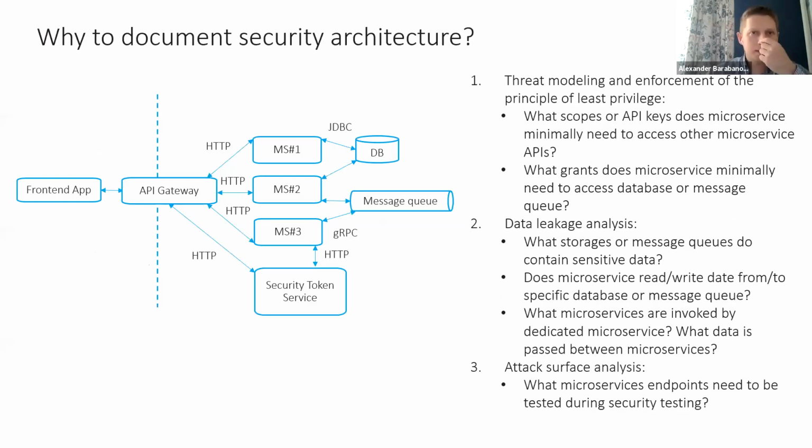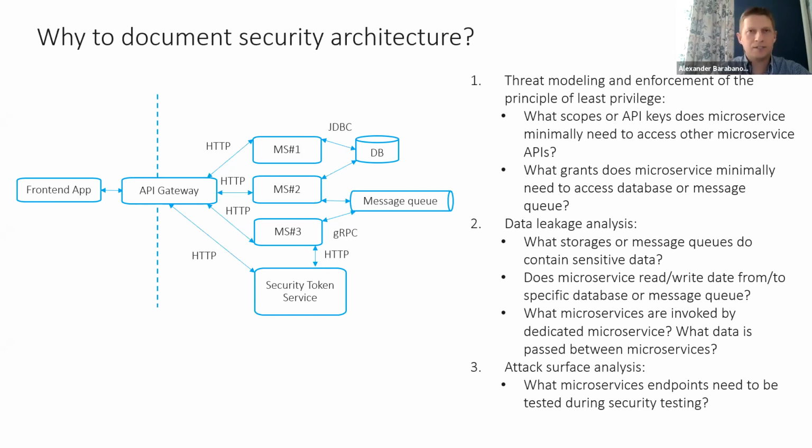So why do we need to document secure architecture? Roughly speaking, it may help us to answer a huge amount of questions related to security, like what scopes or API keys does a microservice minimally need to access other microservices' APIs?